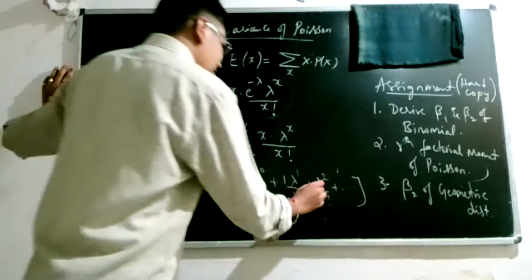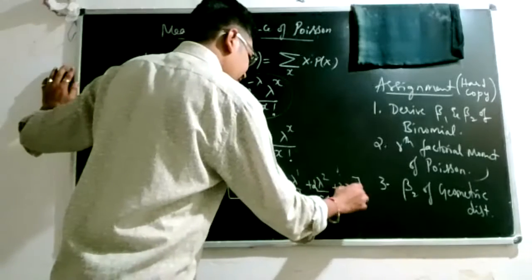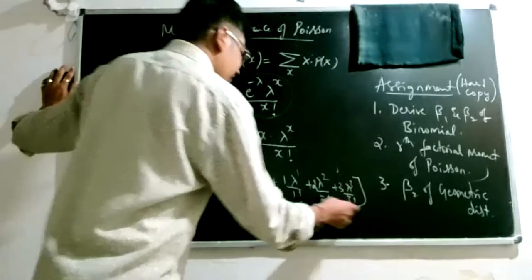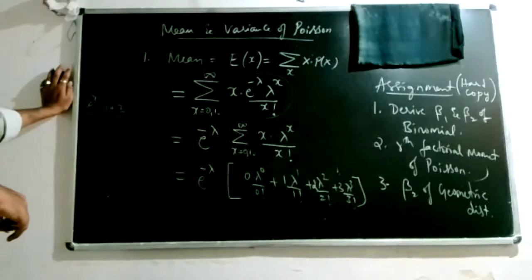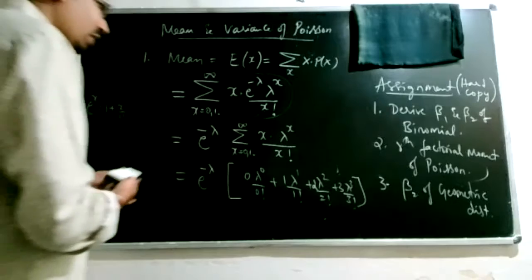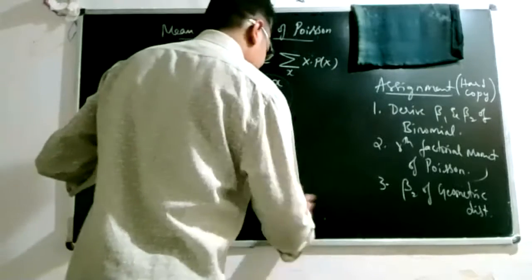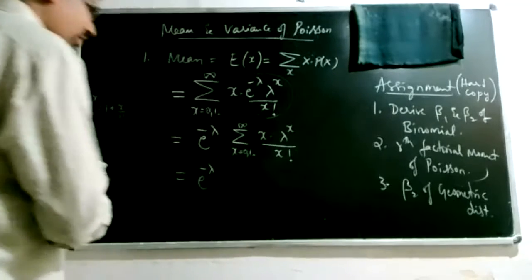So I'll have 2 into lambda square, 3 into lambda cube. Now this is called a geometric series. We have the result on the geometric distribution, but that is a complicated step, so let me not do that process.